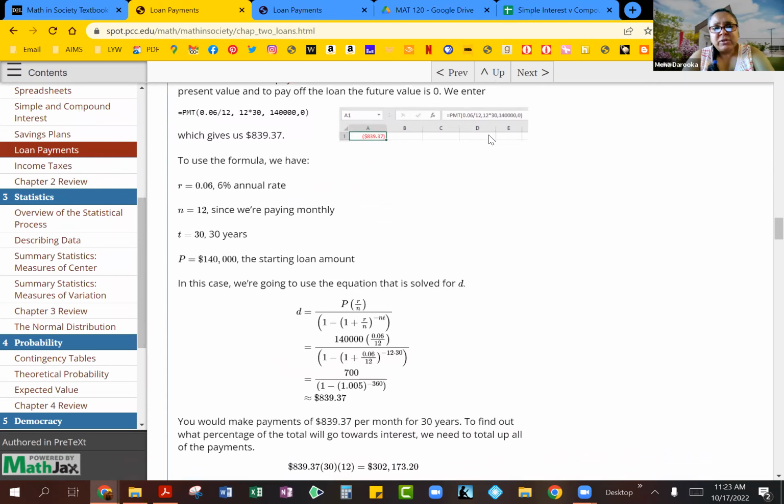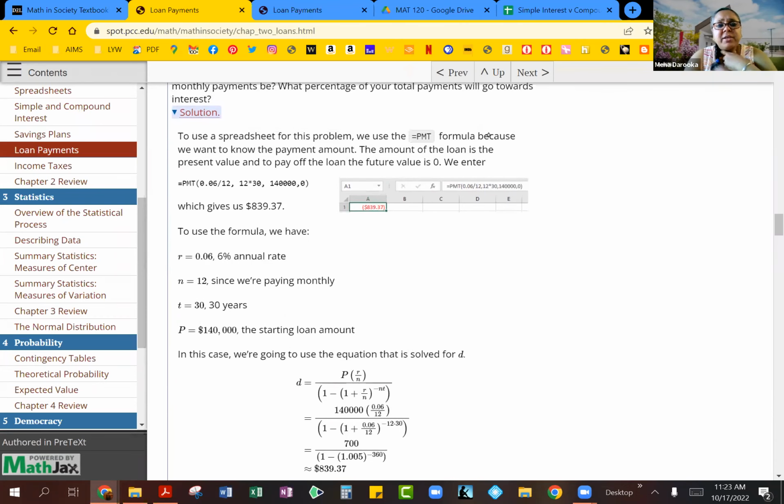So we calculated what our monthly payments would be, which came out to be $839.37. And you can see how they use the payment formula for that. You can use that built-in function, or you can use this formula to figure out what those monthly payments are going to be.